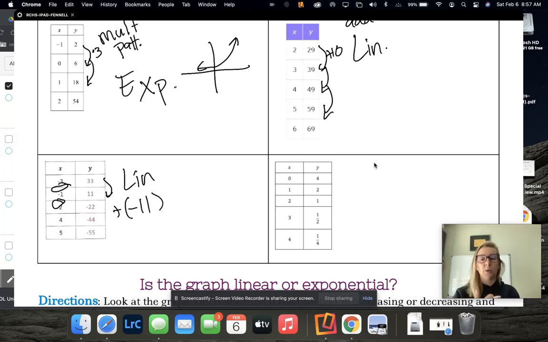So again, that's why this one was decreasing. This, however, is multiplication. We are multiplying by 1/2. If you are multiplying, that must be exponential. All right, so this one is getting smaller over time, but it's exponential because the pattern is changing by multiplication.